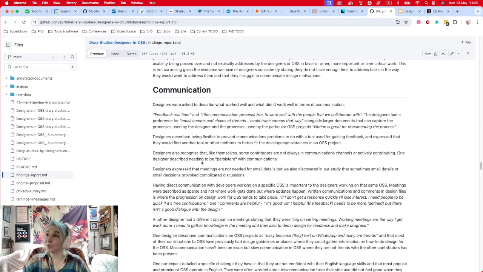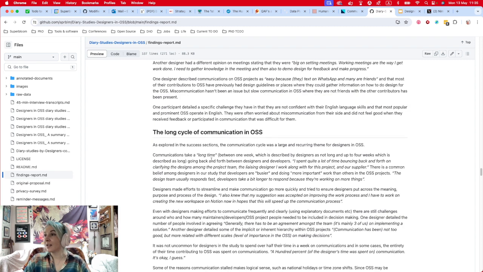There's a whole section about communication, different communication nuances and quirks within this, and then specifically about the long cycle of communication in open source. Depending on a designer's familiarity with open source software generally, their context, their background, typically what we found from the respondents is the more open source software they have been involved in or know about historically, the less expectation they have about quick communication cycles and quick implementation cycles.